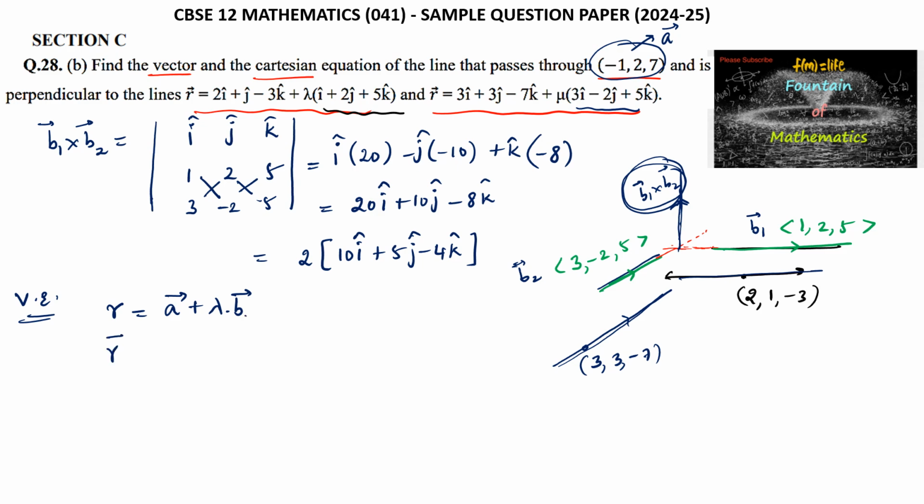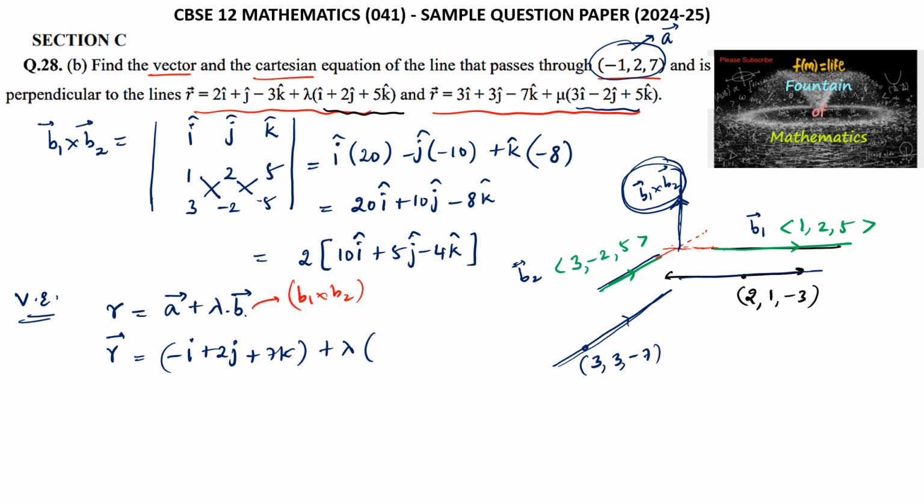So r is equal to a vector plus, that is −i plus 2j plus 7k, this is vector a, plus lambda times of b vector, that is b1 cross b2, which is a parallel vector.